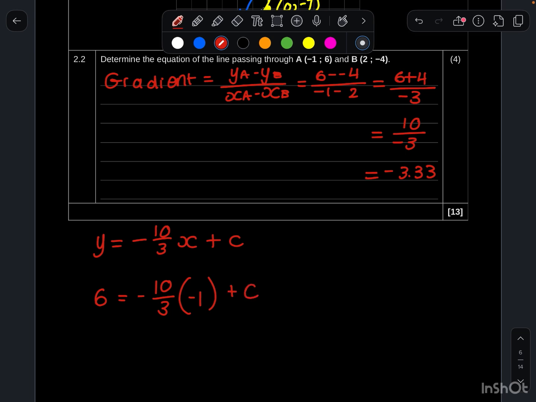So we're going to get 6 is equal to 10 over 3 plus c. I'm going to take that across because a minus and a minus makes positive. That's why this is positive now.